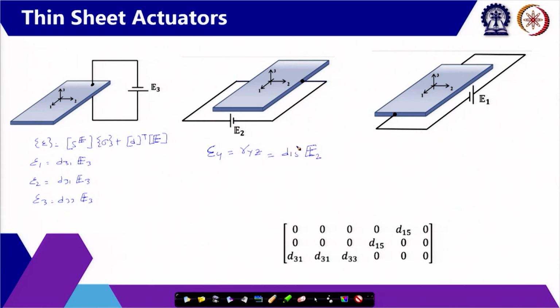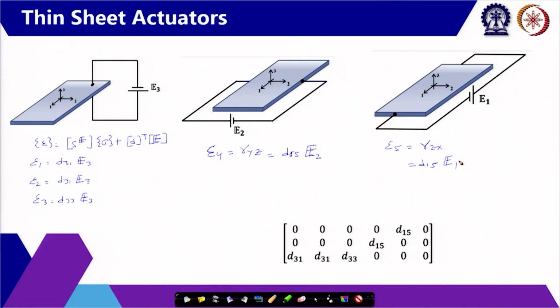Similarly here we are applying a voltage along the E1 direction. Again, for this to happen we have to have electrodes deposited at the positive and negative faces of direction 1, and under this electric field epsilon 5, which is epsilon zx, is equal to d15 multiplied by E1.